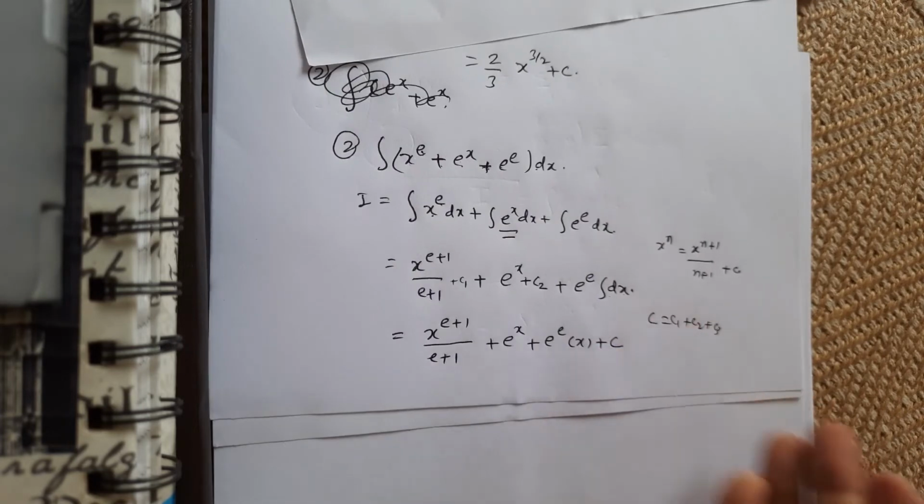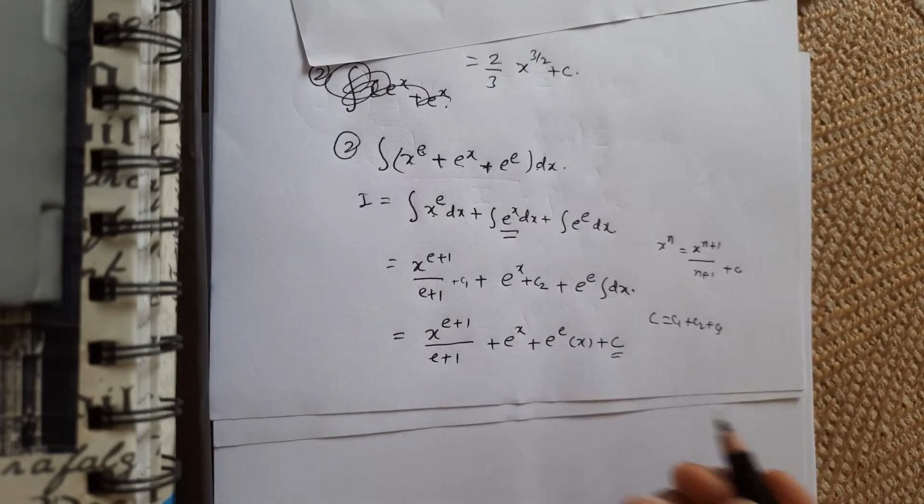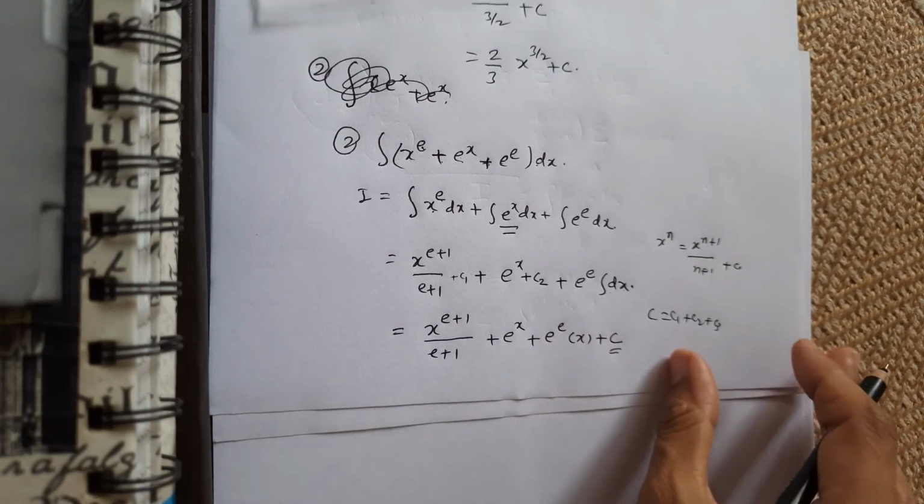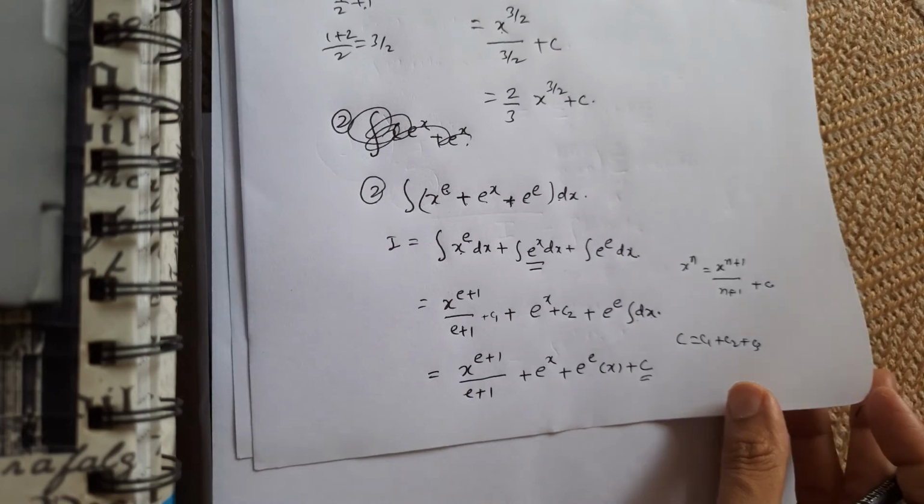Or directly you can add this arbitrary constant at the last. So that is the answer of that integration. It has become very simple when we apply the standard formula technique.